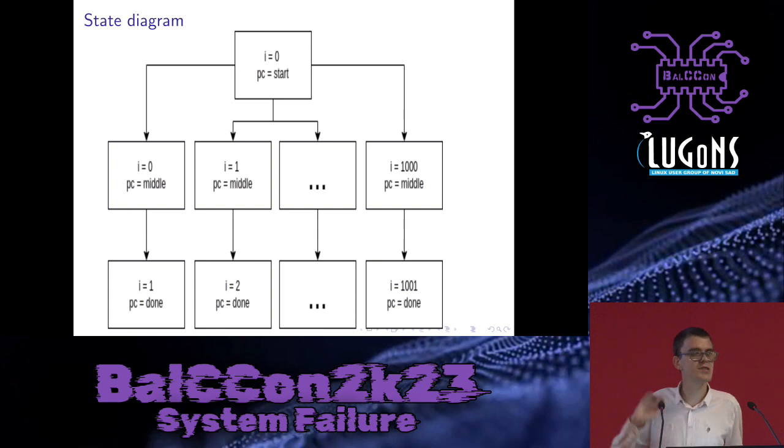I know that in C it will be a value from memory, but let's say for simplicity that the default value of this integer I is 0 in the beginning. And then, if you have programmed in assembler, you probably know that there is something called a program counter, or PC. The program counter says at which instruction of our program we are currently.